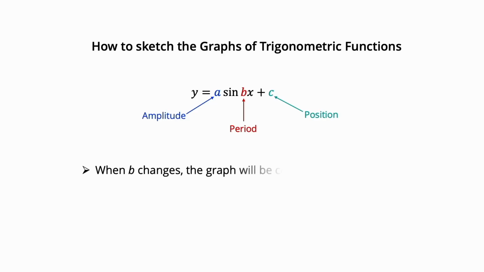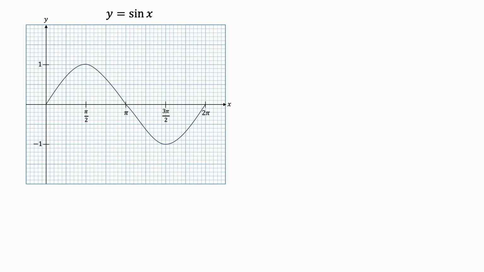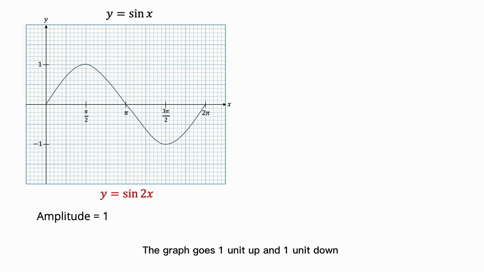When b changes, the graph will be compressed or expanded. Let's start with the function y equals sin 2x. For this function, the value of amplitude a equals 1. The graph goes 1 unit up and 1 unit down from the midline of the graph. Period is the interval of one complete cycle.